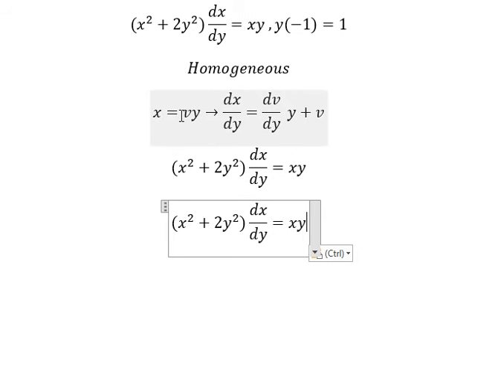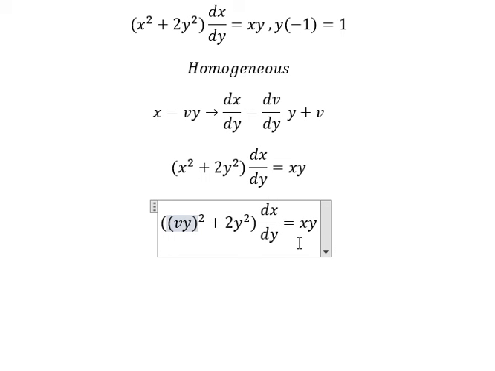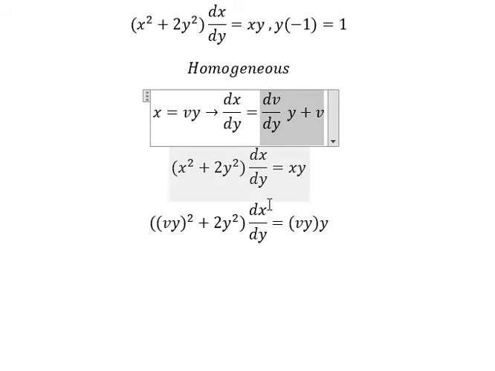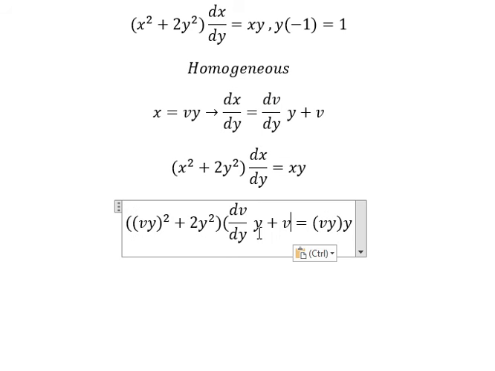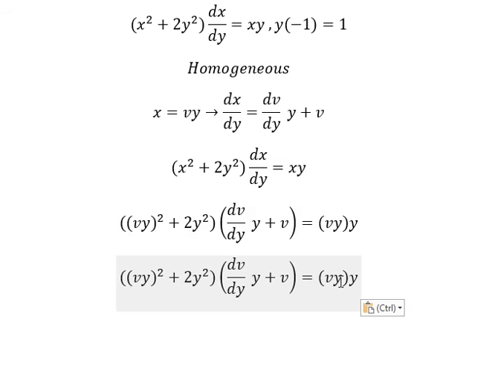So we put vy in here, and vy in here. The dx over dy we change by this one. Now we have y squared, so we simplify.